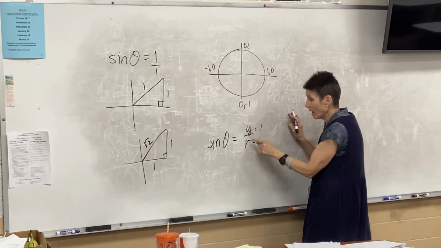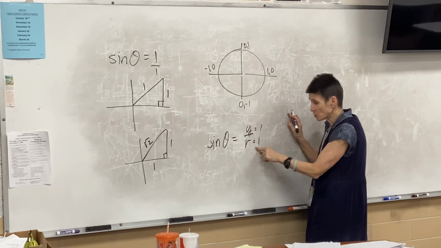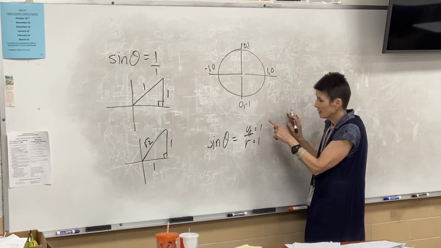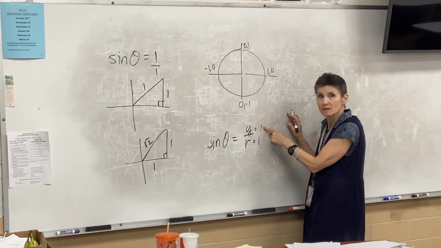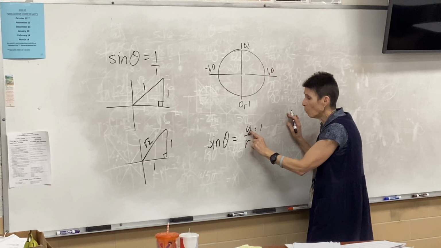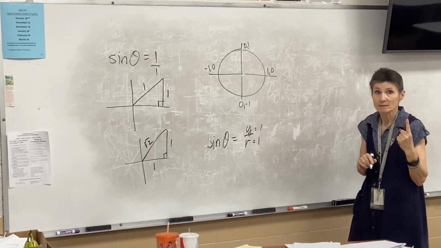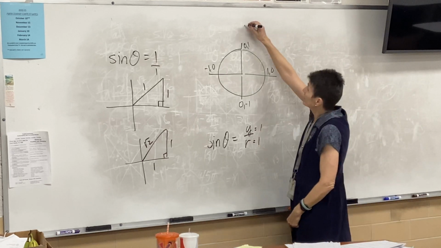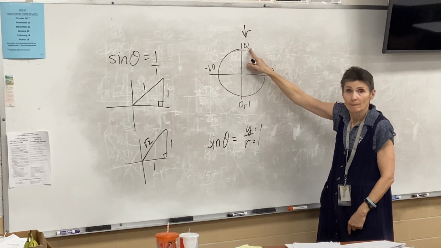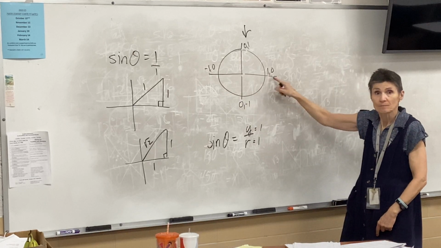So sine is y over r, so that has to be 1 over 1. Well, this is going to be 1, because that's how I drew my circle. What about this? Where on that circle is the y coordinate 1? There's only one place. The y coordinate's 1 right here. That's the only place that the y coordinate's 1.